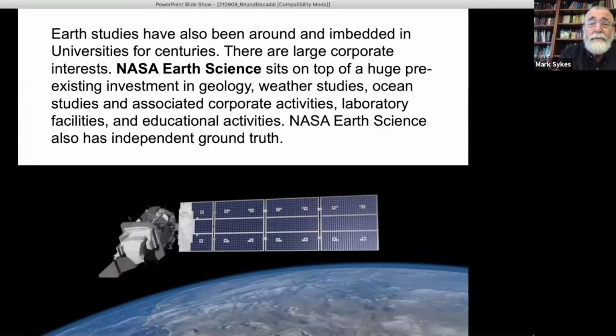Earth science, likewise, the Earth has been studied for a very long time. Today there are deep corporate interests in geology, weather studies, and ocean studies, so there's a lot of infrastructure built around that. And one unique thing about Earth science is that if you're observing something from space, you can go check it out on the Earth. So there's this ground truth thing that goes on. You can make a variety of independent measurements of things.